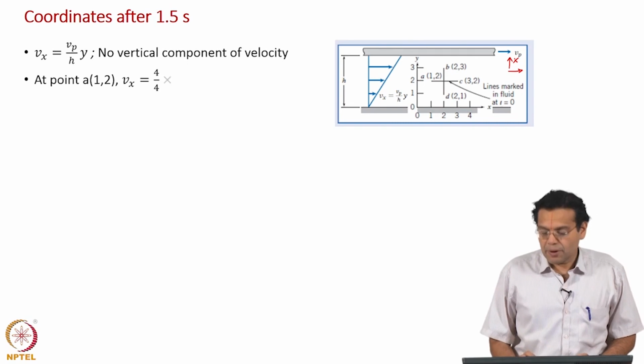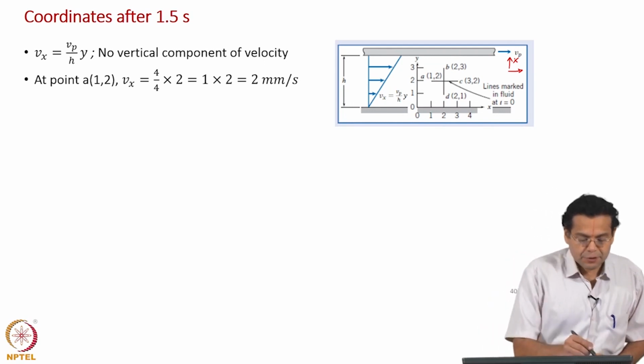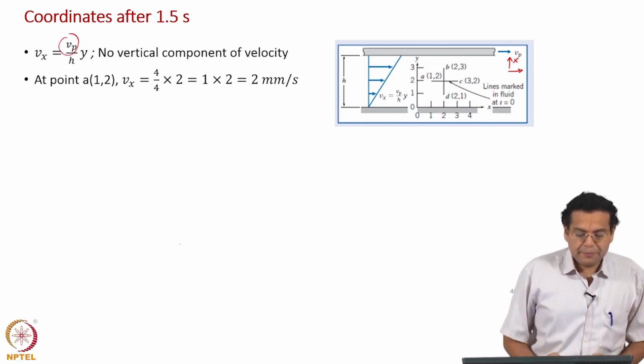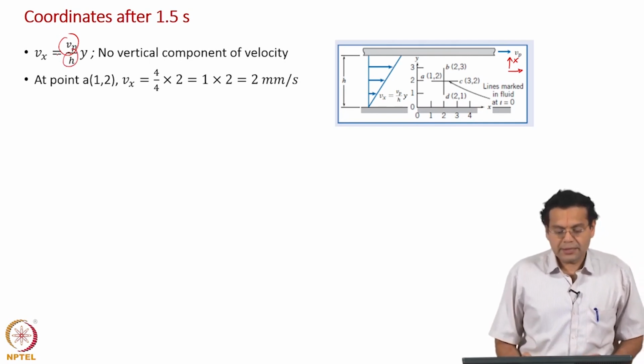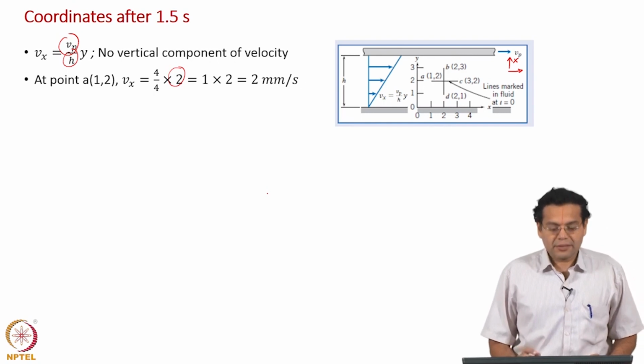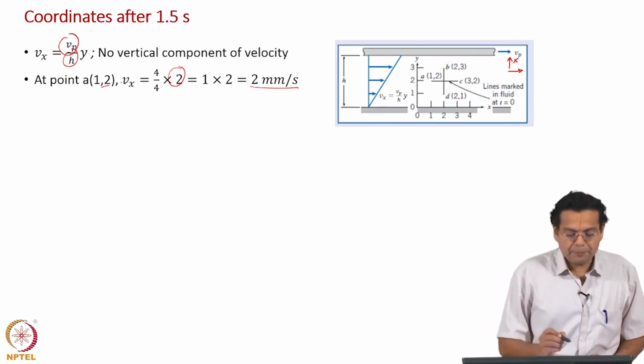Let us take a point A, 1 comma 2. What will be the velocity if we substitute Vp as 4 and h as 4, and y for this location is 2? It gives you 2 millimeter per second. That is why I said taking Vp and h as numerically equal gives us the velocity at a point as numerically equal to the y coordinate.